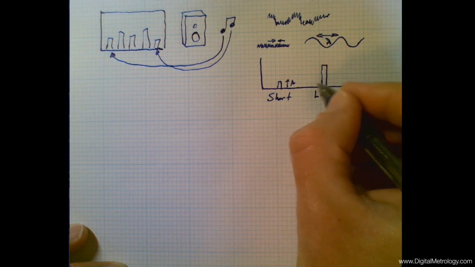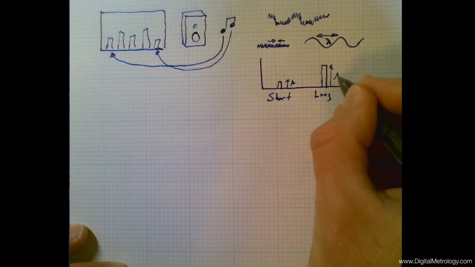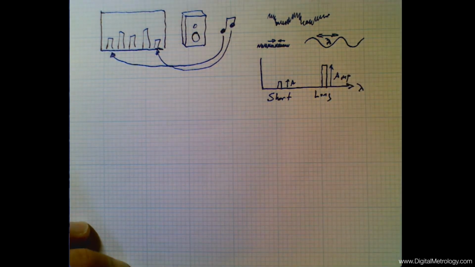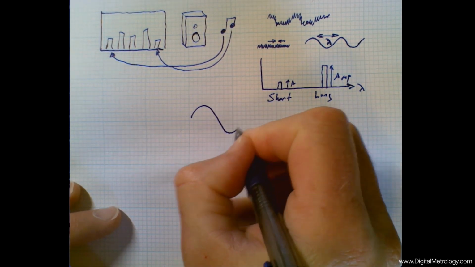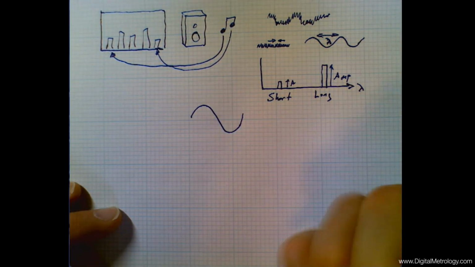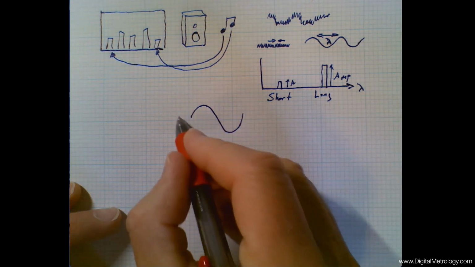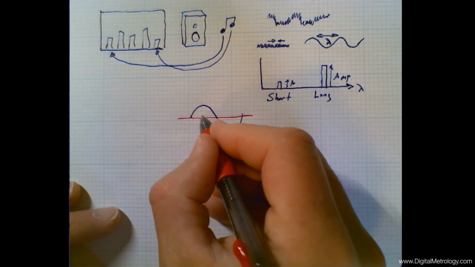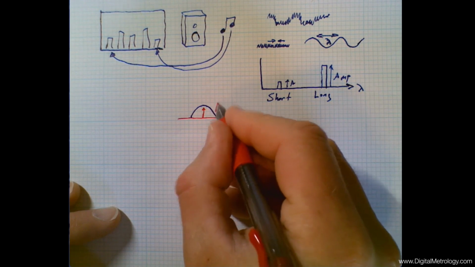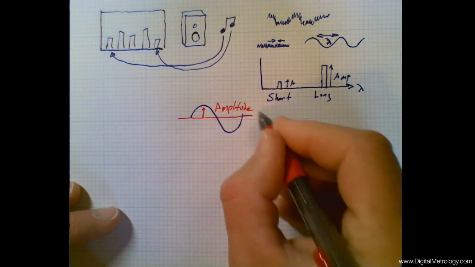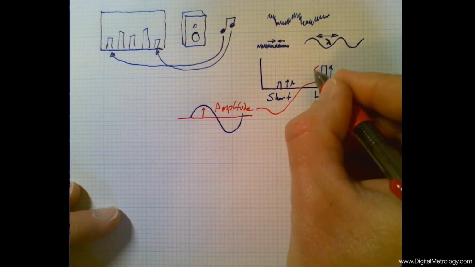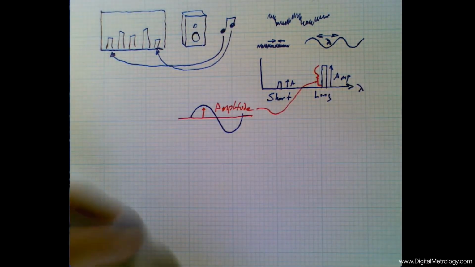The height of the bar we call amplitude. And amplitude is the height of a sine wave at that particular frequency. So this height from 0 upward we call amplitude, and amplitude is the height of the bar over here that's being plotted.